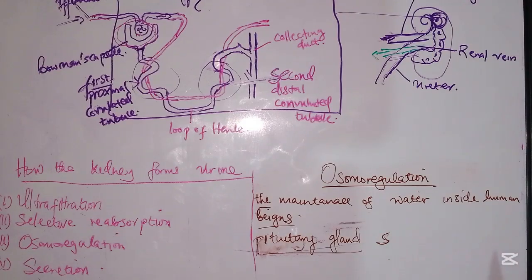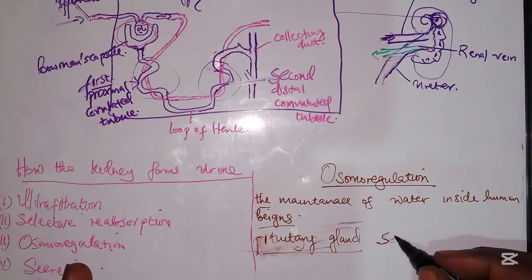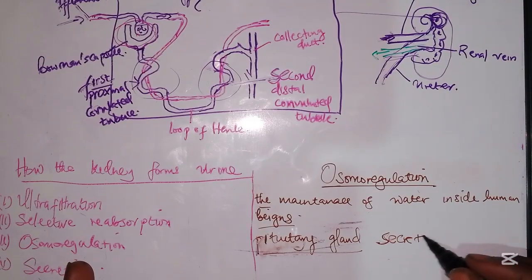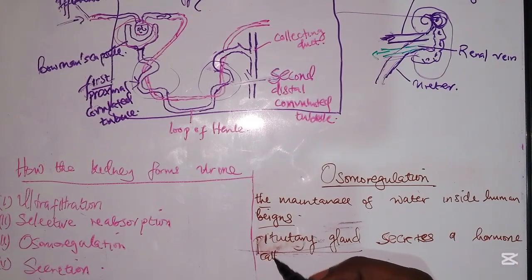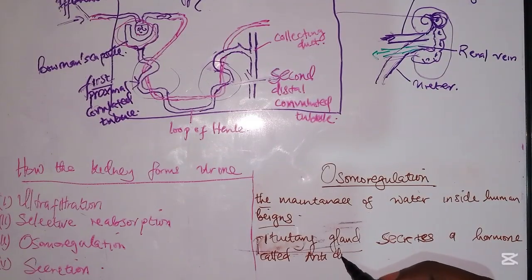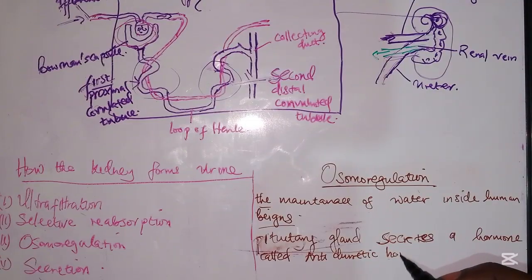So this is how you write in your essay. So you say the pituitary gland secretes what? You say that it secretes a hormone called antidiuretic hormone.